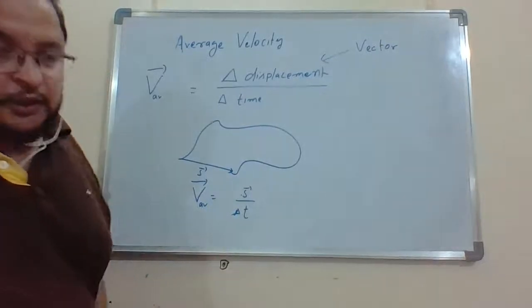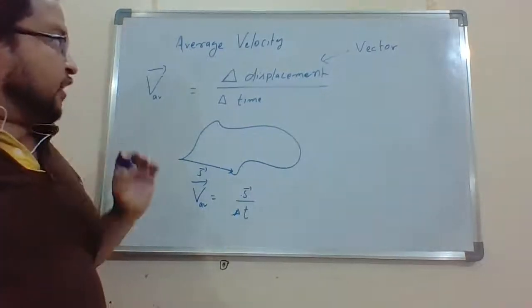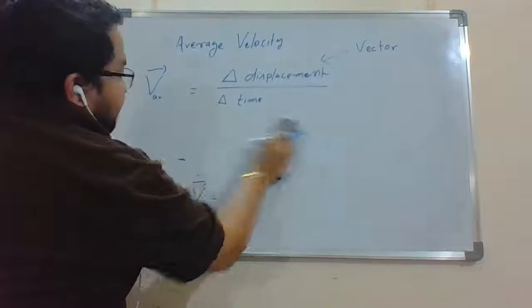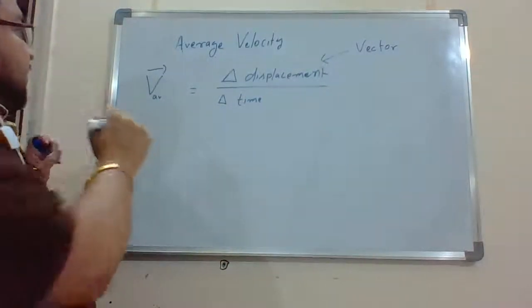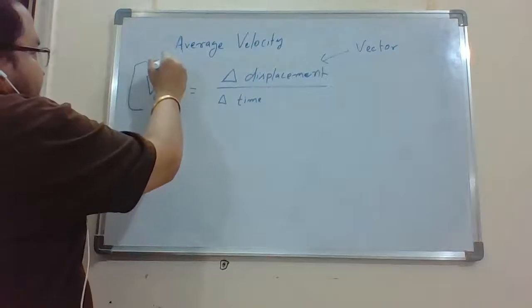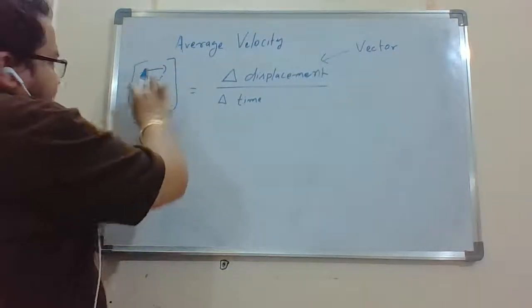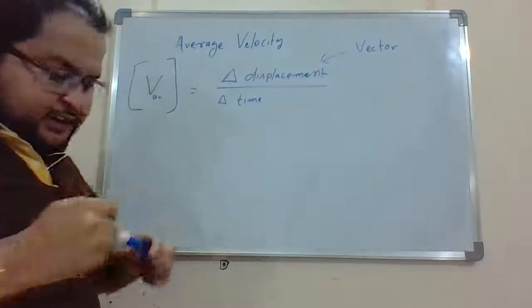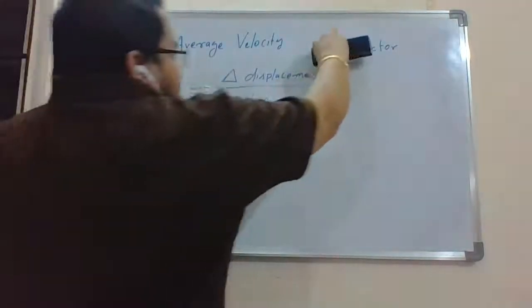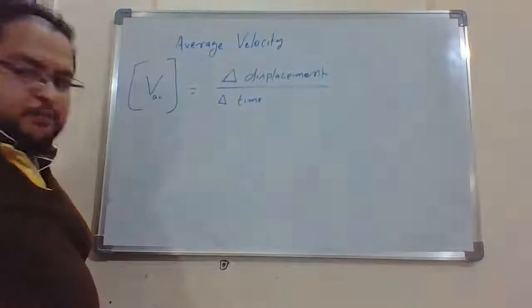Again, we can understand very quickly what would be the dimension of velocity. While finding the dimension, I can remove the vector sign, because I just need displacement by time.